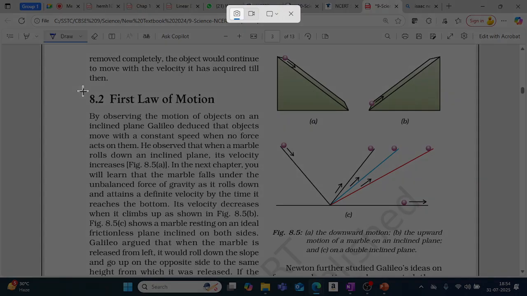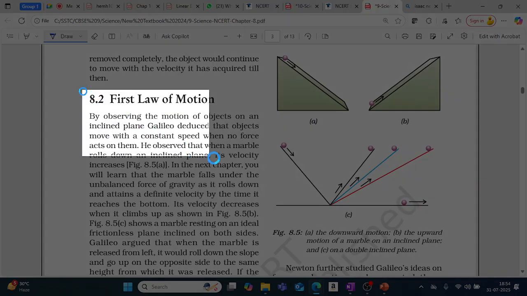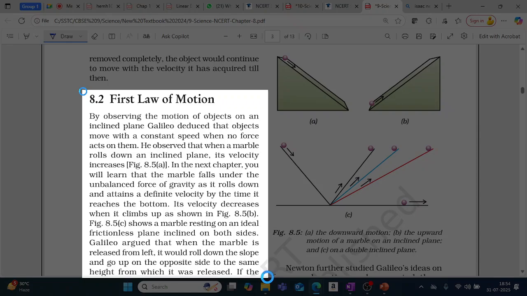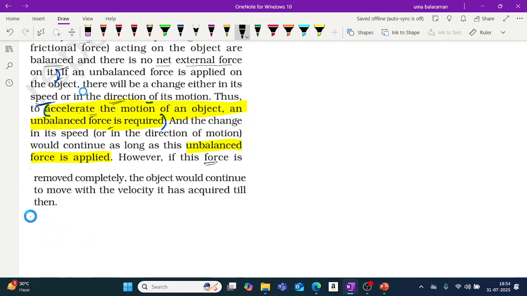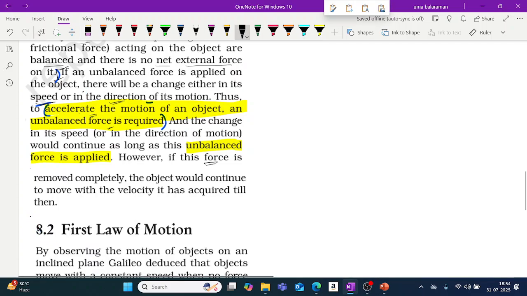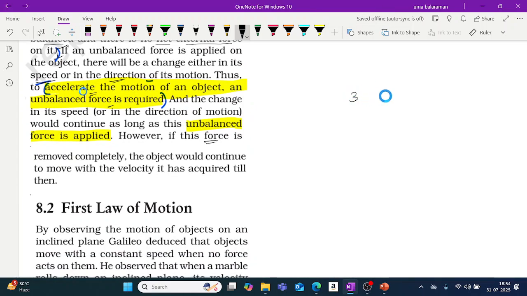An object at rest continues to be at rest. An object in motion continues to be in motion until acted upon. This is the law of inertia, the first law. So we are going to study three laws of motion now. Every action has an equal and opposite reaction.